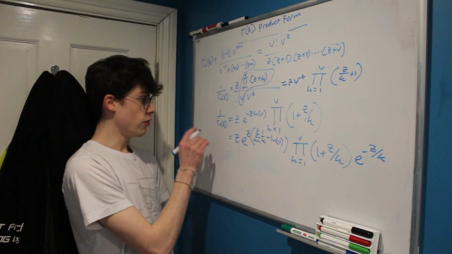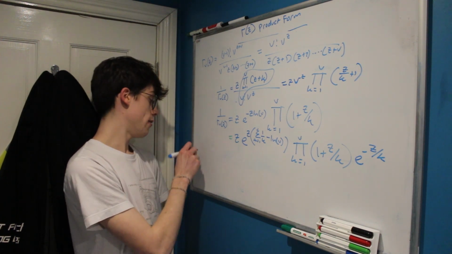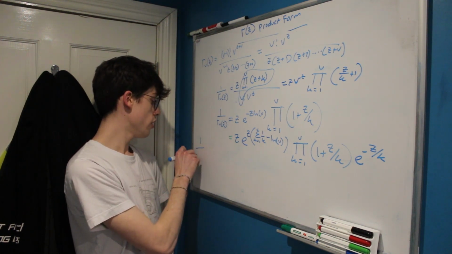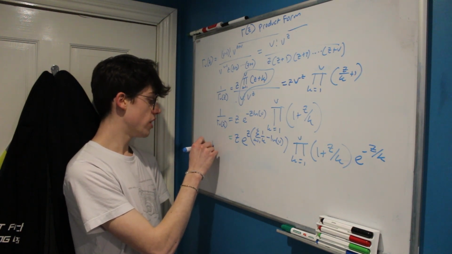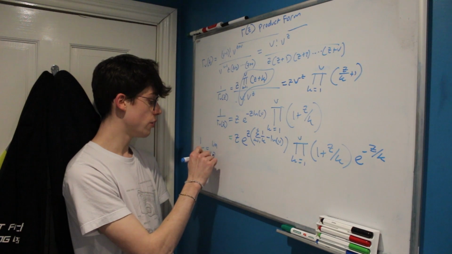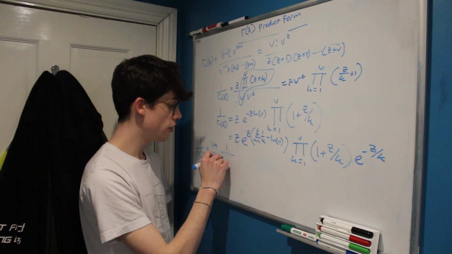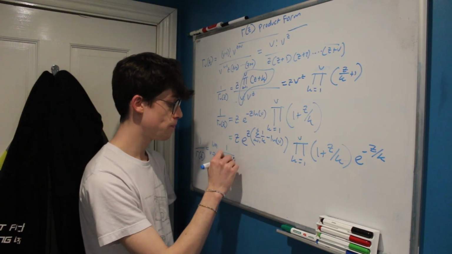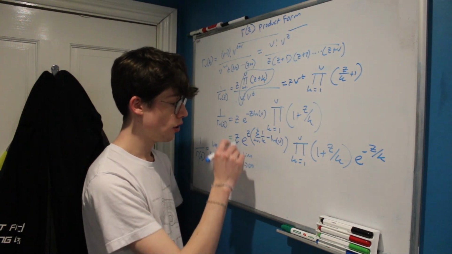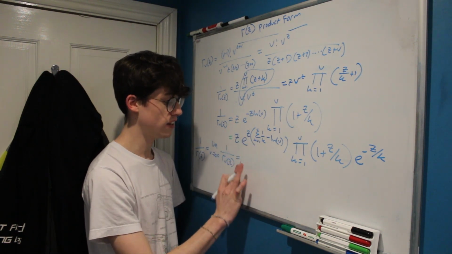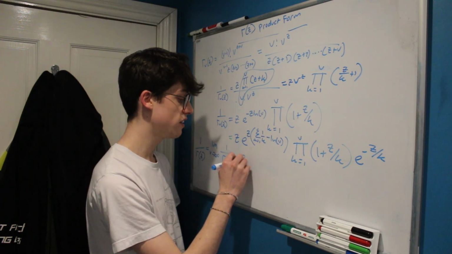So remembering that we're looking at the reciprocal now, that implies that 1 over gamma of z is equal to the limit as v approaches infinity of 1 over gamma v of z, which is equal to the limit as v approaches infinity of our expression here. And let's think about what that would be. Well, z is unaffected.